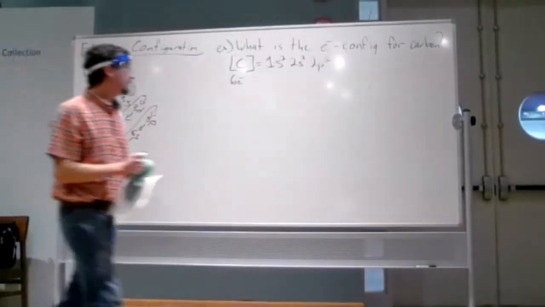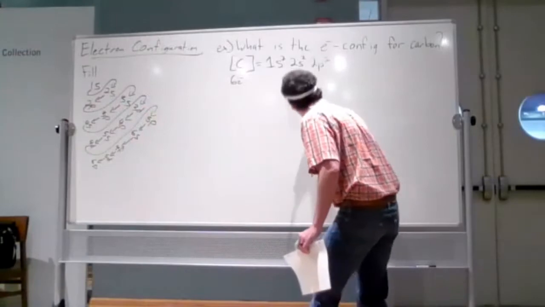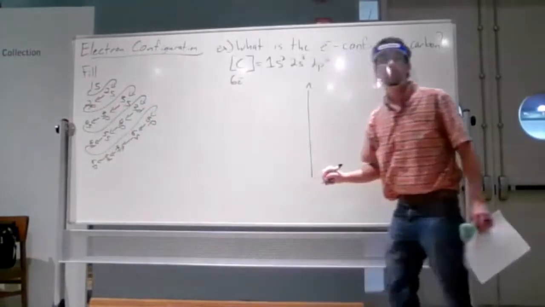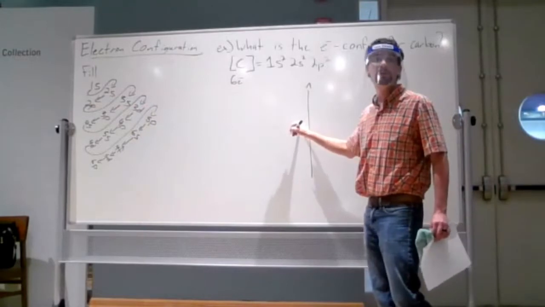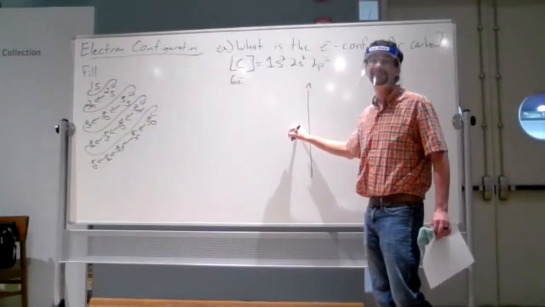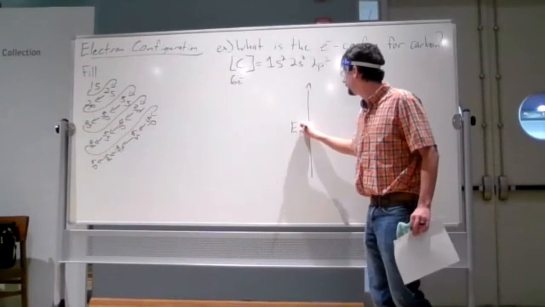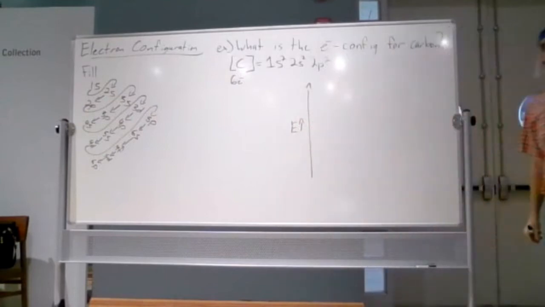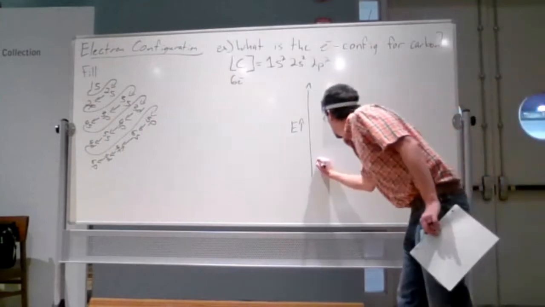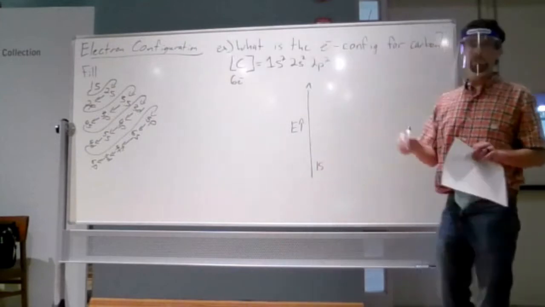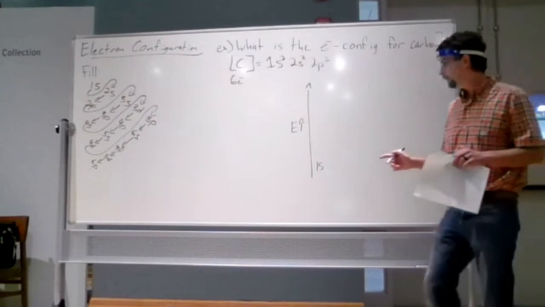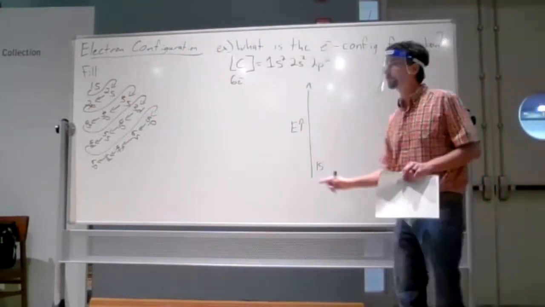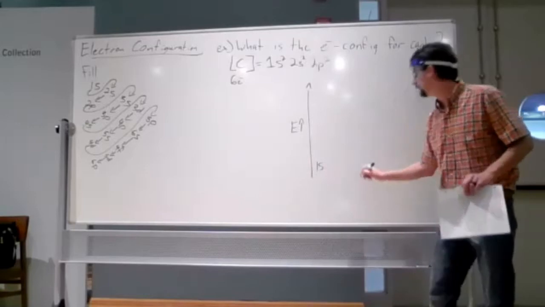Okay, we need an axis. What are we going to label that axis with? Or what's going over here? Yep, energy, right? Okay, what's the lowest energy orbital that we have? Yep, so 1s. And how many of those orbitals do we have? We have 2 electrons in 1s, but how many 1s orbitals do we have?